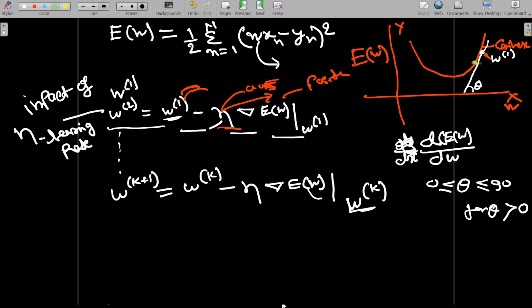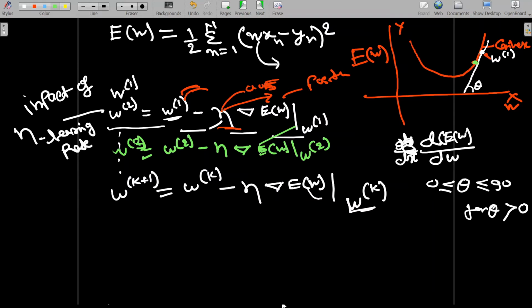Similarly, if you calculate again, let's suppose for the third point. The third point would be W2 minus eta step gradient of the error function on point 2. So I am calculating for point 3; point 2 I have already calculated.